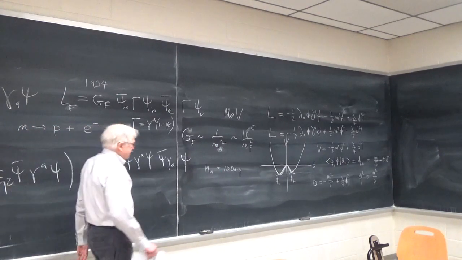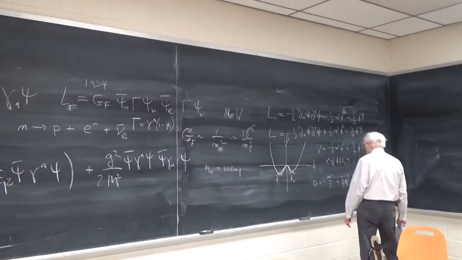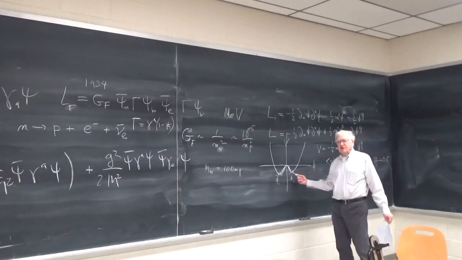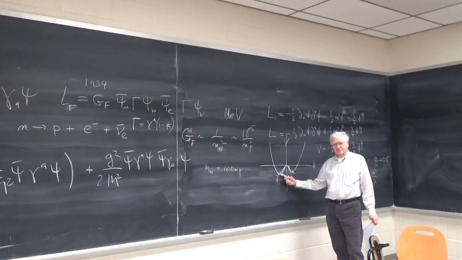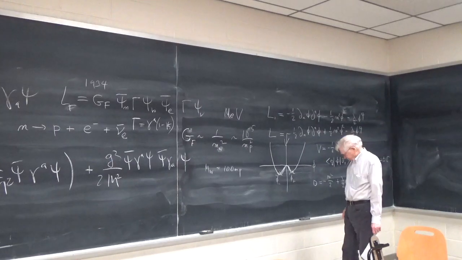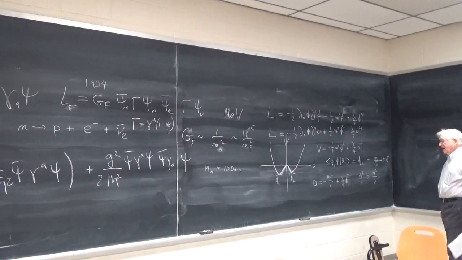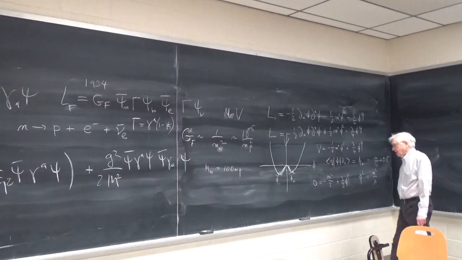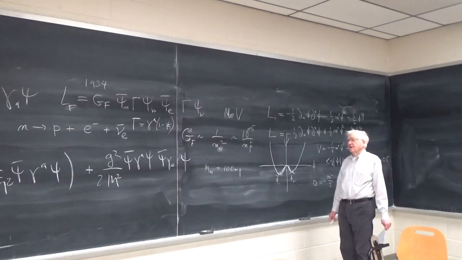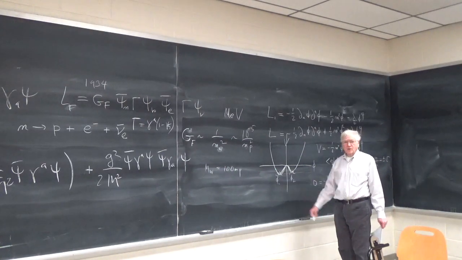For example, you can take this theory and put it on a lattice. Now on a lattice, what happens? I think there are 2 vacua also on a lattice.